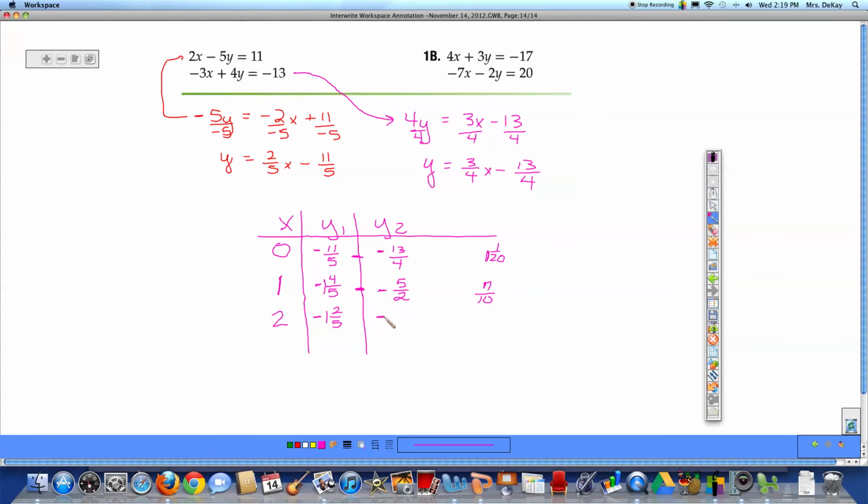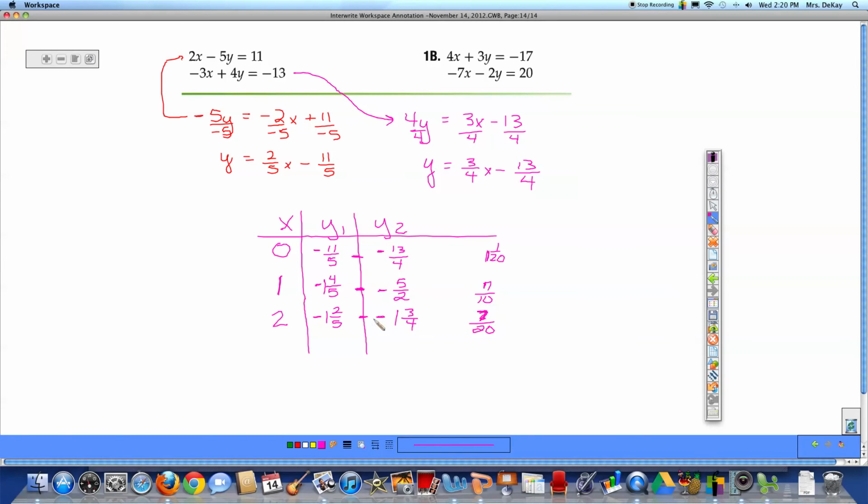Negative 7/4. Negative 1 3/4. Yeah, it's the same thing. Okay, what happens if you subtract it? You get 7/20ths. Well, that's closer to 0, isn't it?